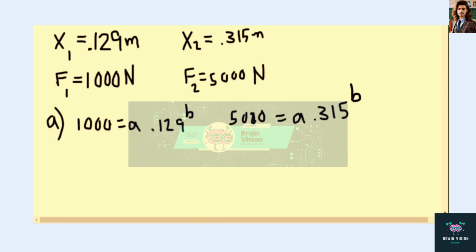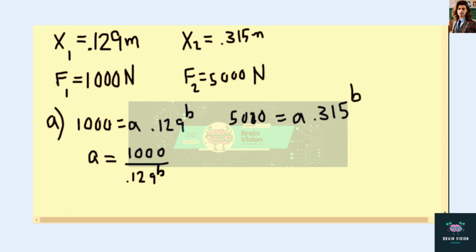All right, well, let's just try to do this by substitution. A is going to be 1,000 divided by 0.129 to the B power.